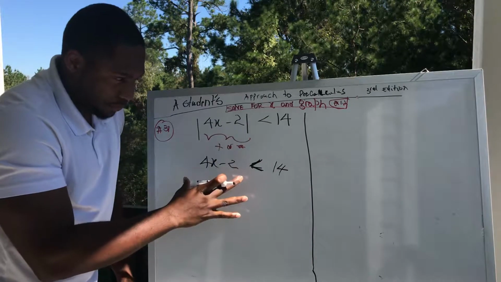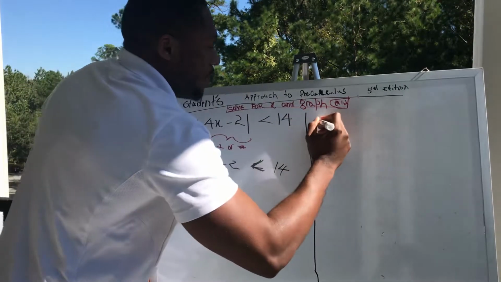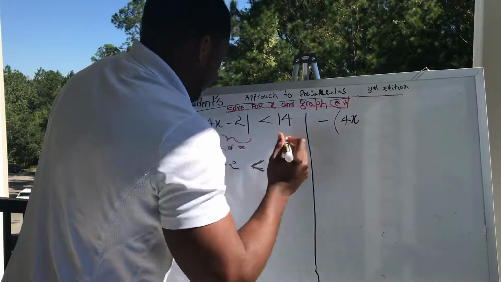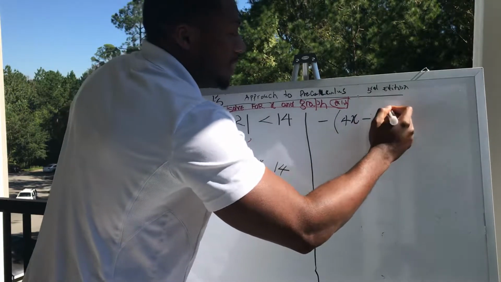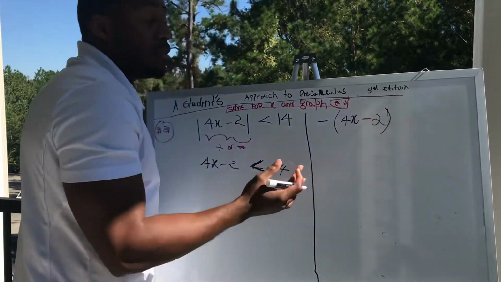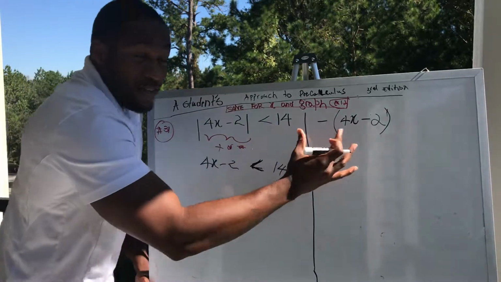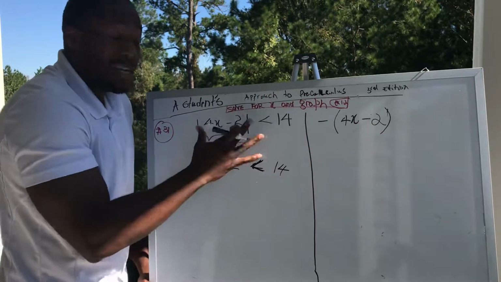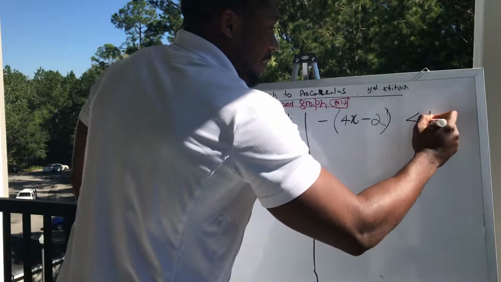If this whole thing is negative, we have to put another negative sign on it to make it positive, because an absolute value is never negative. If it's positive already, we put it down the same way it is. If it's negative, we put a negative sign on it to make it positive. So negative (4x minus 2) is less than or equal to 14.